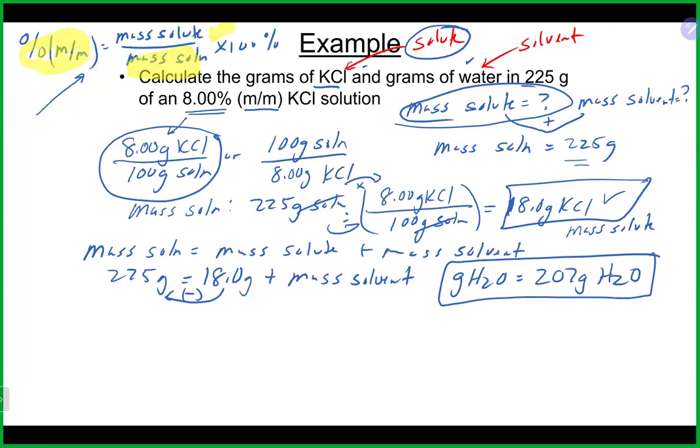So that would make sense to start there, and that would give you the mass of the solute. Understanding that the solution is both the solute and the solvent together, you can get the solvent from that because it already gave you the solution. So if you want to take more of the formula approach, just think about what's given to you. Usually what's not given to you, what you're missing, is a good place to start. And just think about what you're solving for. Yeah. Other questions?